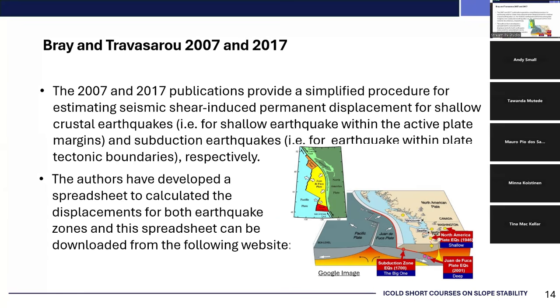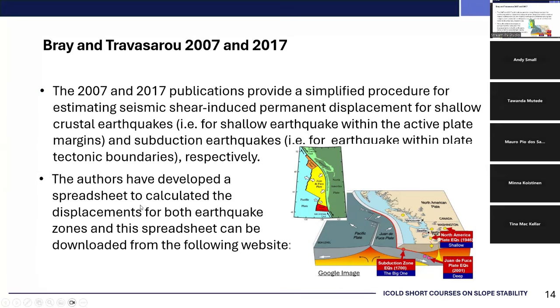So Bray and Travasarou did a lot of work in 2007 and 2017 on a simplified procedure for estimating shear-induced permanent displacement for shallow crustal earthquakes and for subduction earthquakes. I have a website link I'll be sharing with you in a moment that provides very good information. It provides the research papers that Bray has produced on these topics and looks at the different types of earthquakes that could lead to deformations.